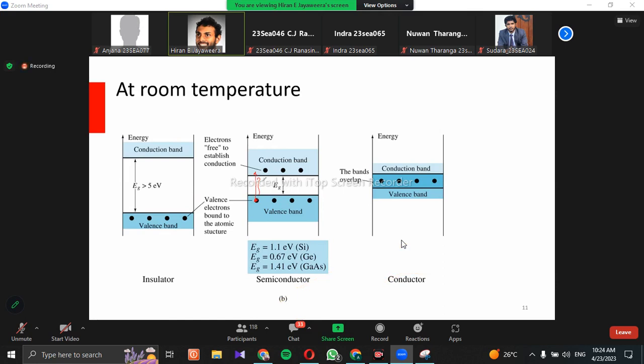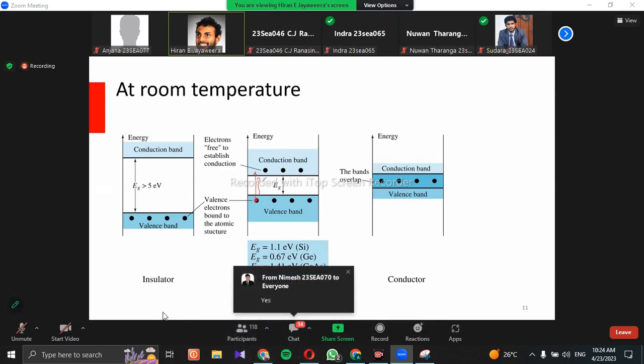Is it clear? When you heat it up, you are providing more kinetic energy to the electrons as well as the whole system. So when the electrons have high energy, they will jump to the conduction band, right? Okay.